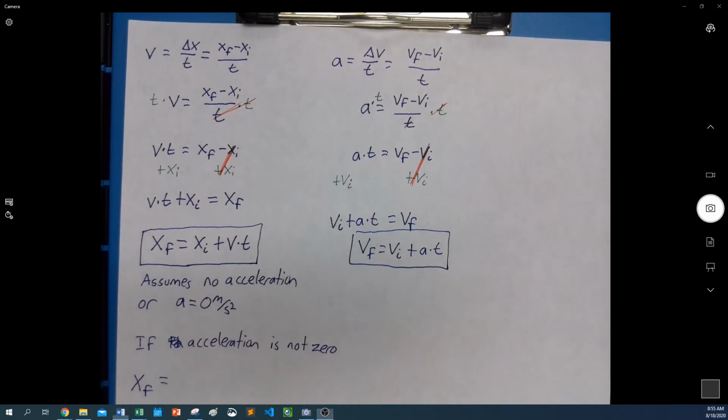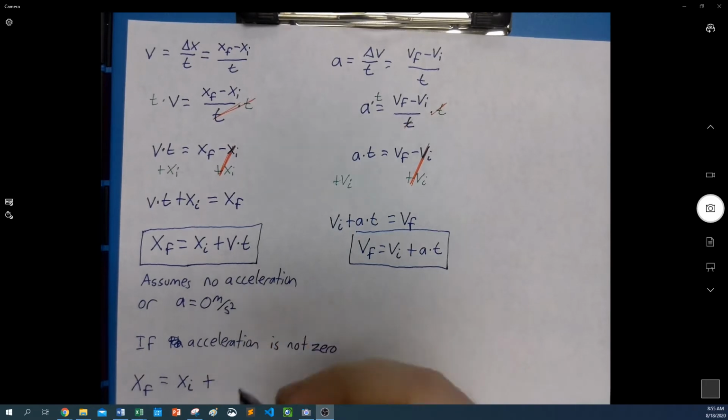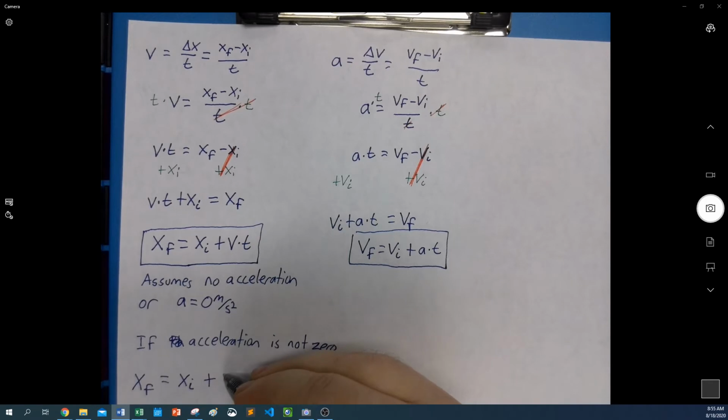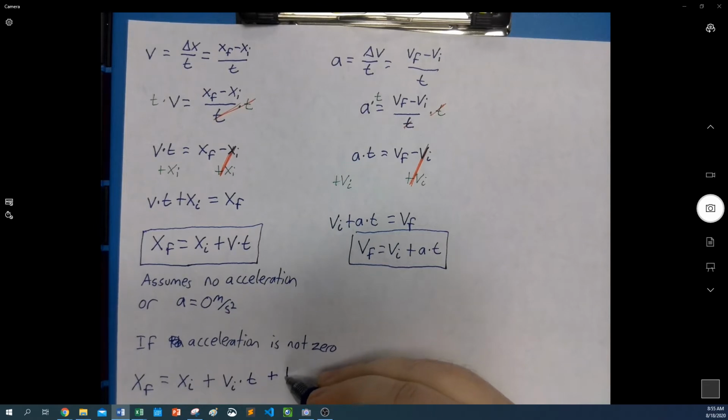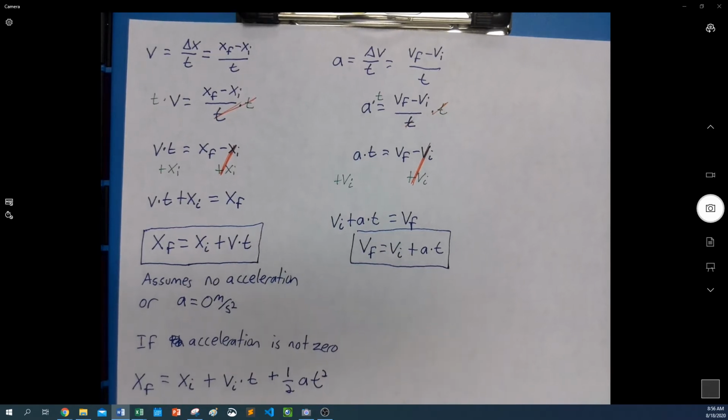Xf is equal to xi plus vi times t plus 1/2 at squared. These are being multiplied together.